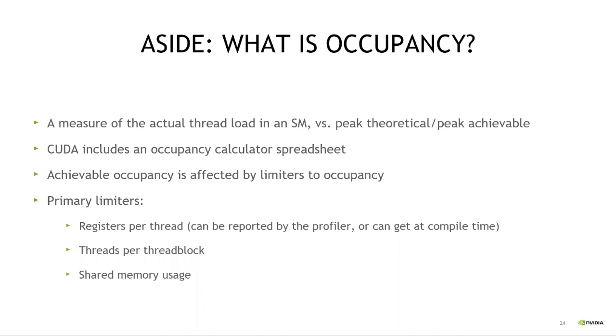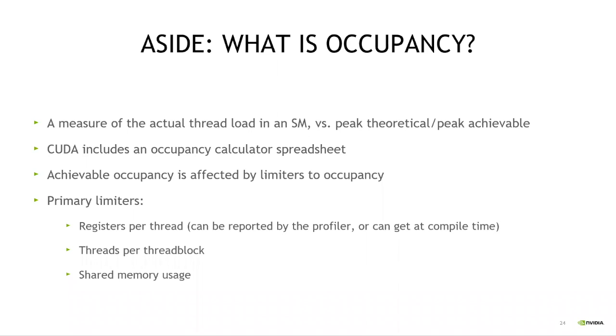Now, I don't want to spend a lot of time diving into this right now, but we can already start to ascertain what some of these numbers might be. The actual thread load, if I have 6 SMs and 6 blocks, is nothing more than the threads that I have per block. The theoretical number, for now, we'll say is 2048. So if I launch 6 blocks on a GPU with 6 SMs, then the number of threads per block divided by 2048 is my occupancy.